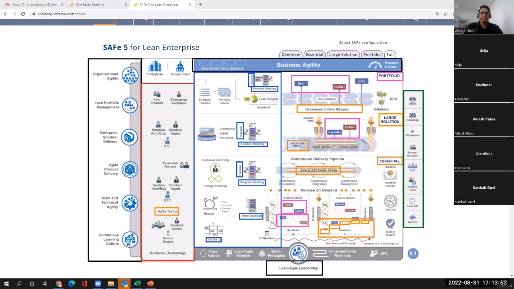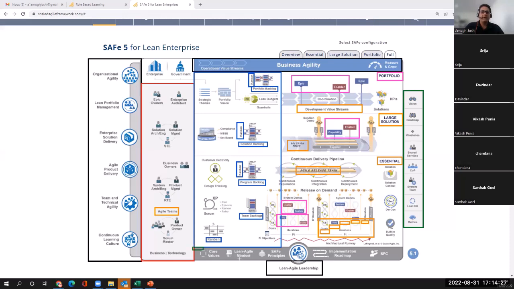So for portfolio we have a portfolio vision and roadmap, for the large solution we have a solution roadmap, and for essentials we have an essential train roadmap. So for every level we have a different roadmap altogether. Similarly, milestones can be at all levels, and metrics can be at all levels. So this is the spanning palette.